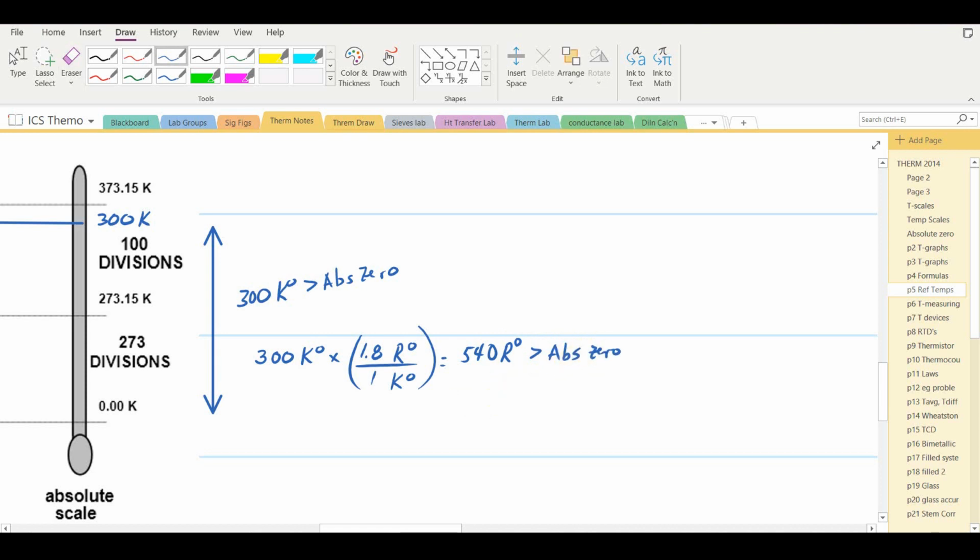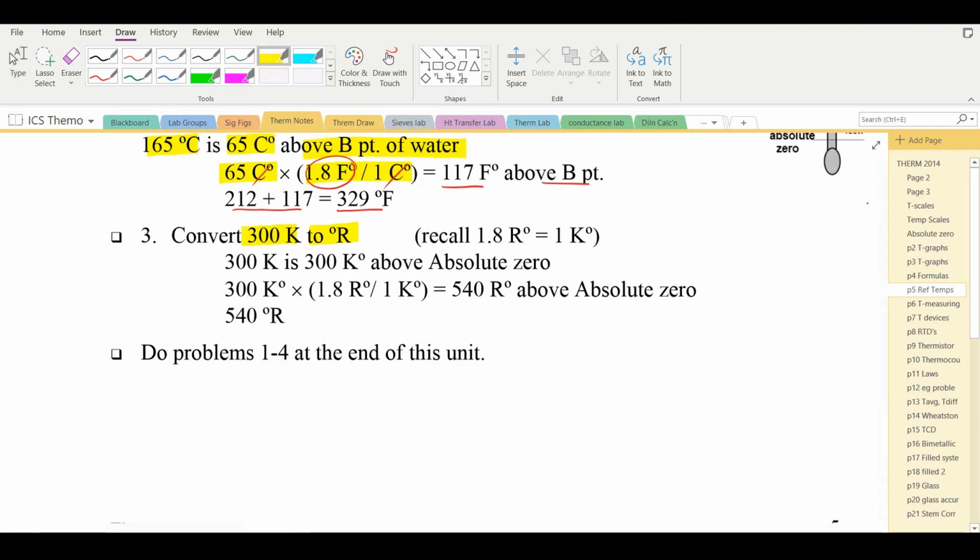And since absolute zero starts at zero, that'd simply be 540 degrees Rankine is equivalent to a temperature of 300 Kelvin. So 300 Kelvin is 300 Kelvin degrees above absolute zero. 300 Kelvin degrees is equivalent to 540 Rankine degrees above absolute zero.